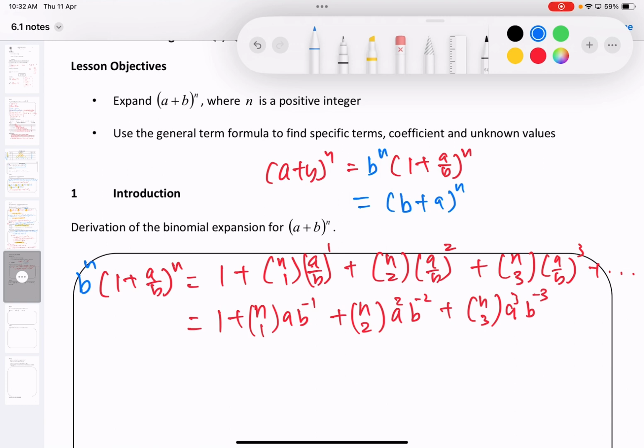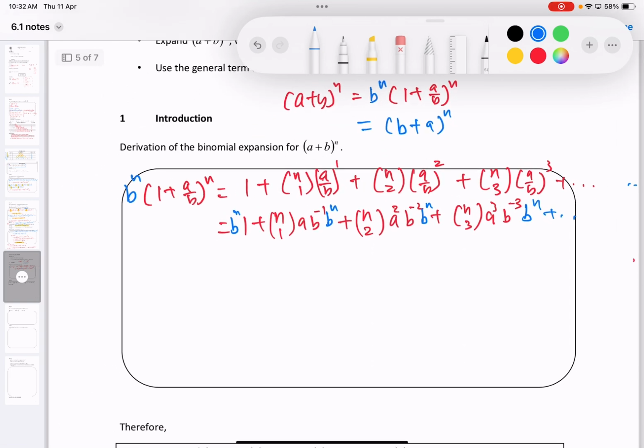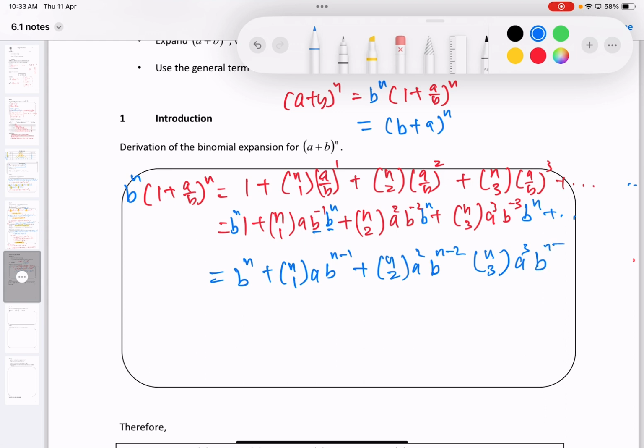If you multiply every single term, you get b to the power of n here, b to the power of n here, b to the power of n here, dot dot dot. If you do that, here is going to be b to the power of n, plus n choose 1, a, b to the n minus 1, then n choose 2, a squared, b to the n minus 2, then n choose 3, a cubed, b to the n minus 3, and it goes on and on.